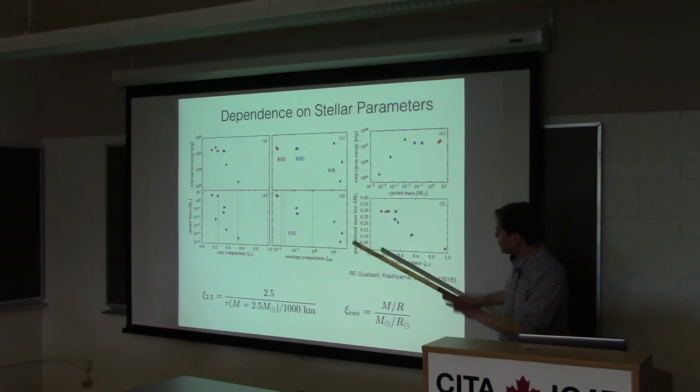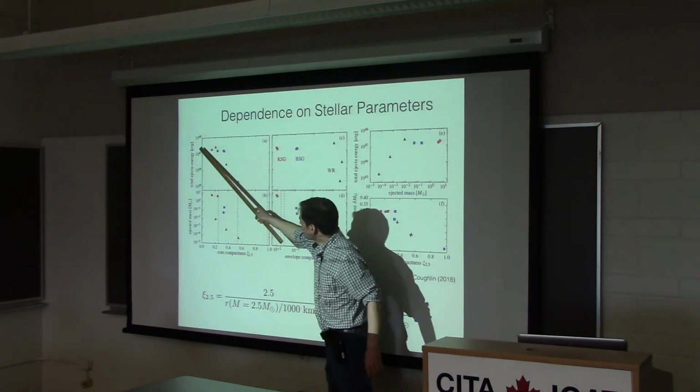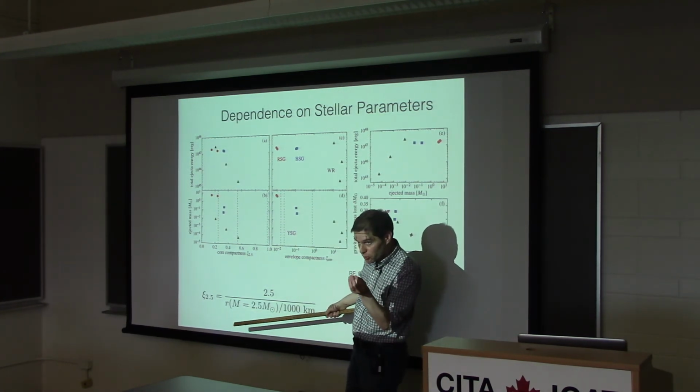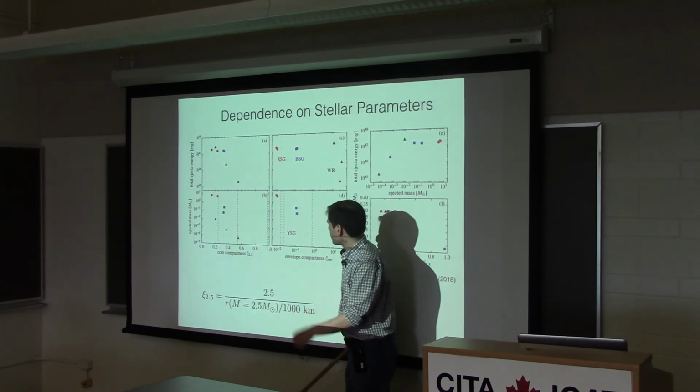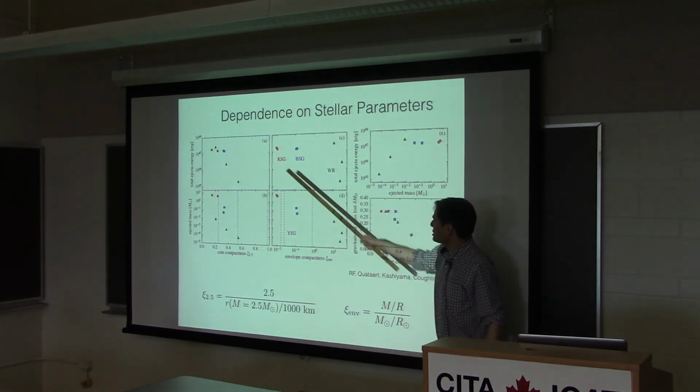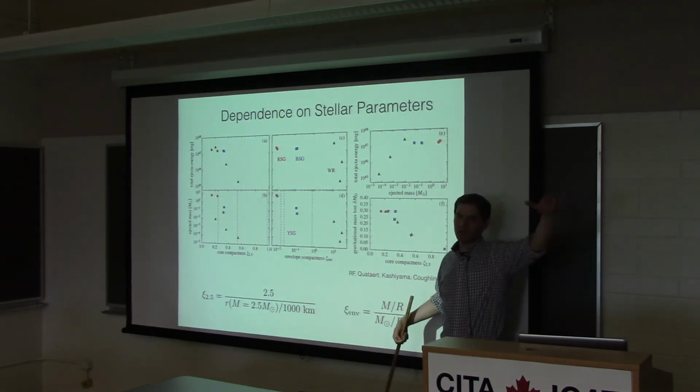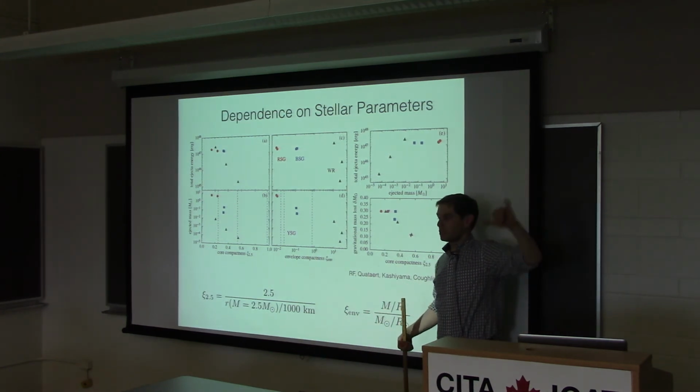Okay? And so two things: the energy of the ejecta correlates well with the compactness of the core, so that's the region where we're launching this sound pulse, and the mass ejected correlates with the envelope compactness. And again, this has to do with the binding energy of the exterior shells of the star.